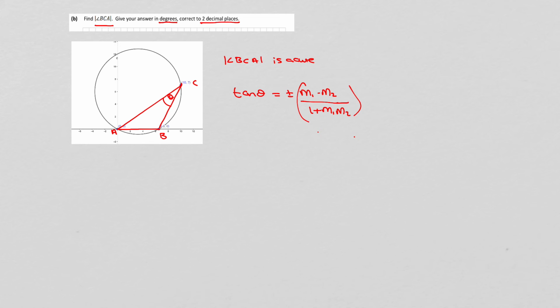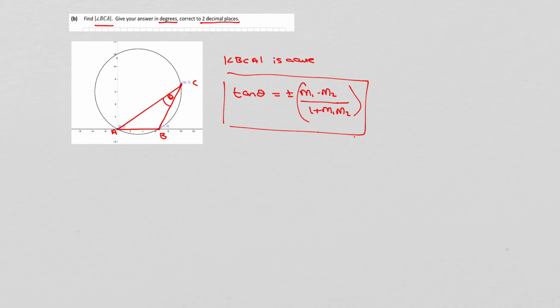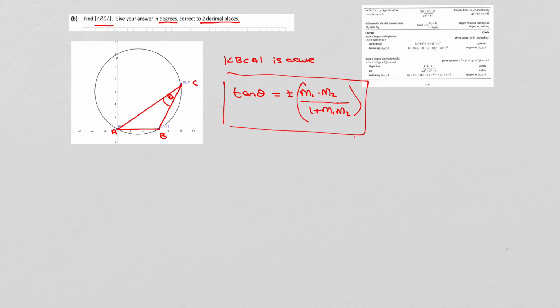Now you could of course find the distance between each of those points, so find AC, AB and BC's length, and you could use the cosine rule then either. So again, if we look at our maths tables, page 19, we can see at the top of page 19 there we have the angle between two lines is the equation here.